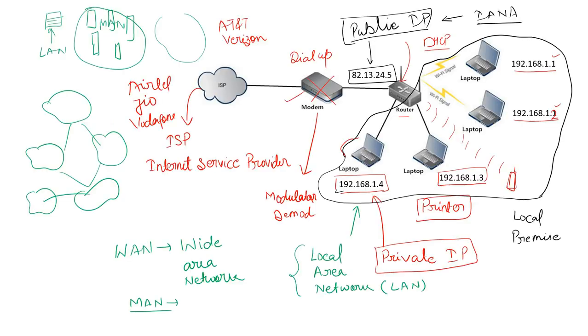So let's understand the concept of router and switch. What is actually a router and what is a switch? We have this router here, right? So what is a router? What is its job?